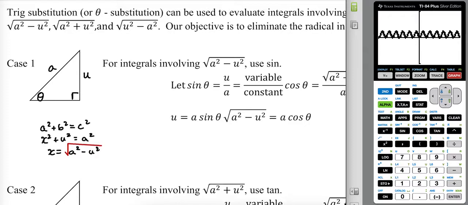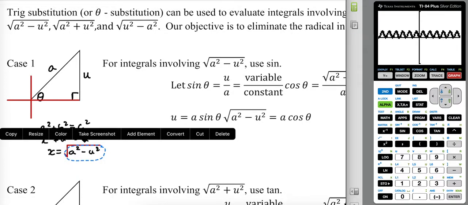Since we're assuming a first quadrant reference triangle, we would expect this to be positive, and we will be making that assumption. I'll get into why as we go further, but we're looking at a reference triangle that occupies a position similar to this. So that makes our missing side the square root of a squared minus u squared.